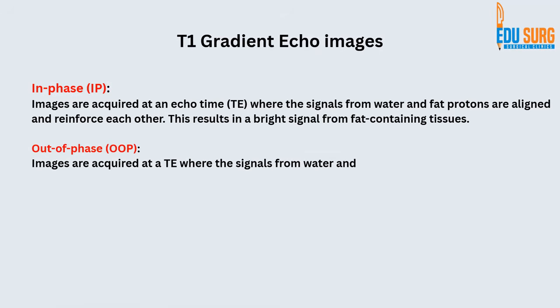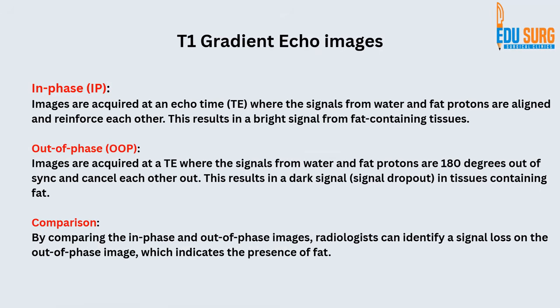Why is this important? Because whenever you are going to study imaging, gradient echo images are important, especially in a liver protocol. In phase and out of phase are basically studied to identify fat. Okay, in T1 we know that fat is brighter.